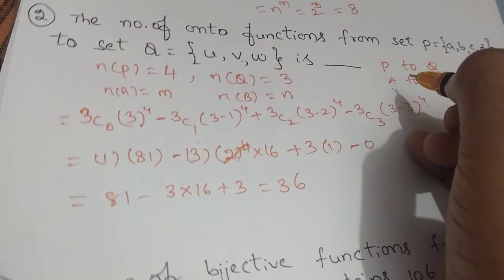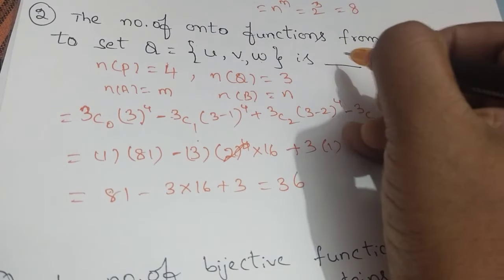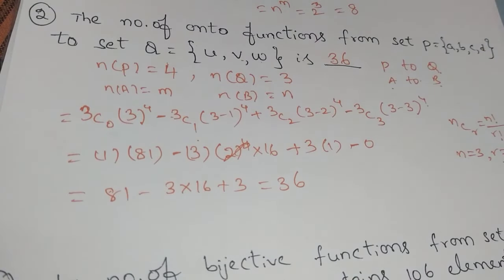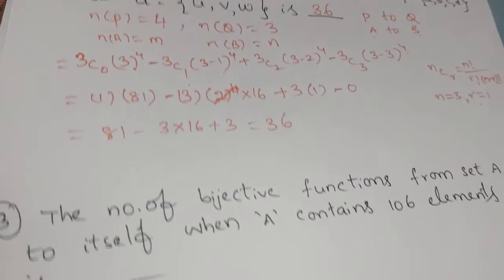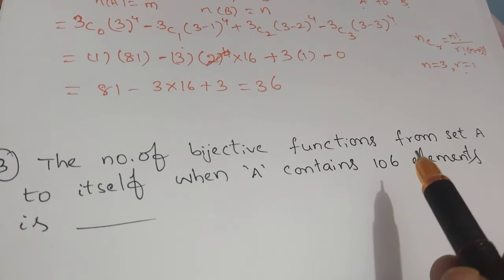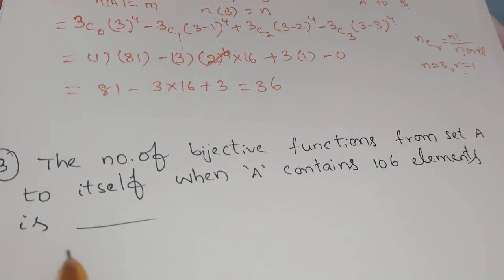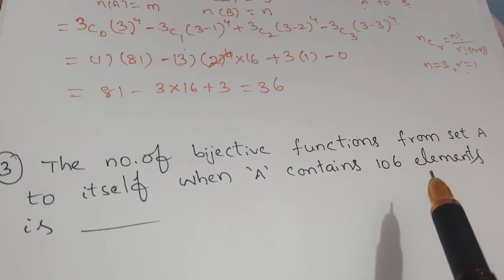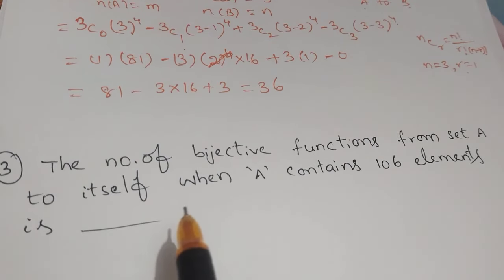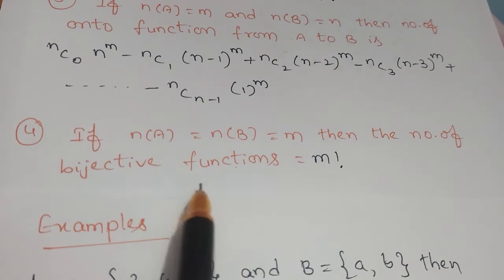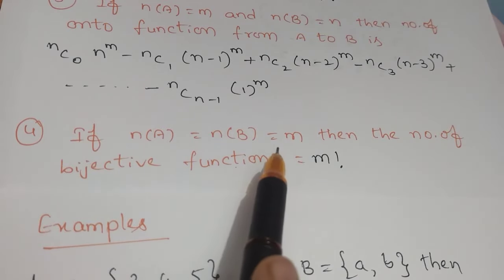So the number of onto functions from P to Q is 36. Next question: the number of bijective functions from set A to itself when A contains 106 elements. Now see the formula for the number of bijective functions: n of A is equal to n of B is equal to m.